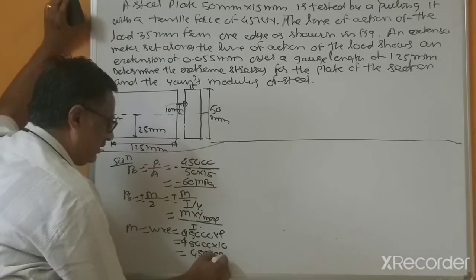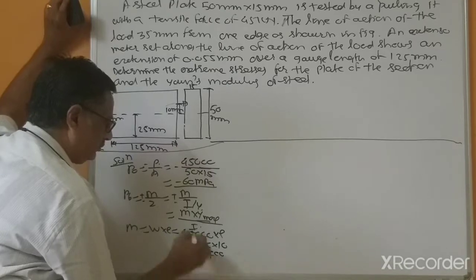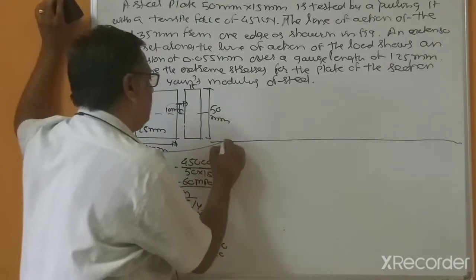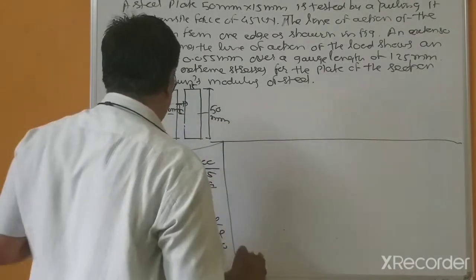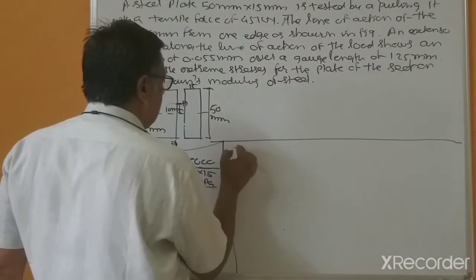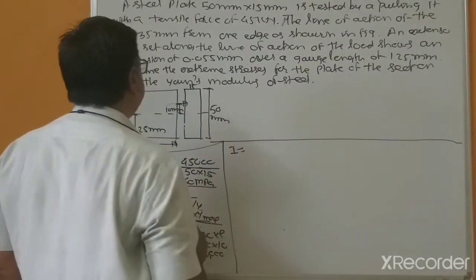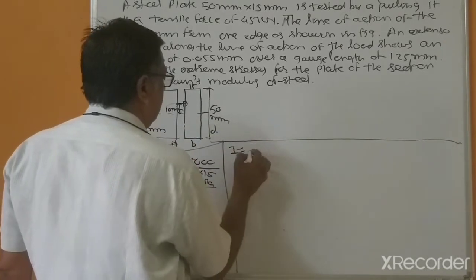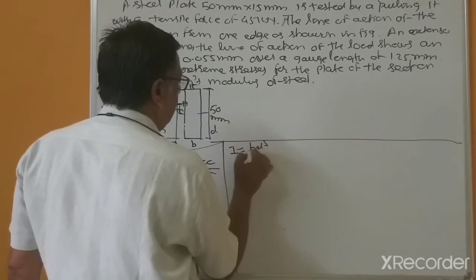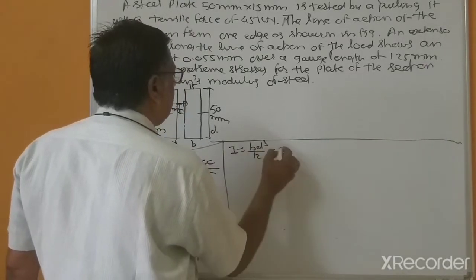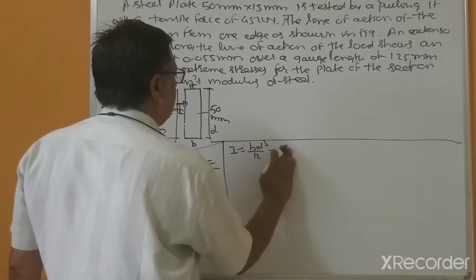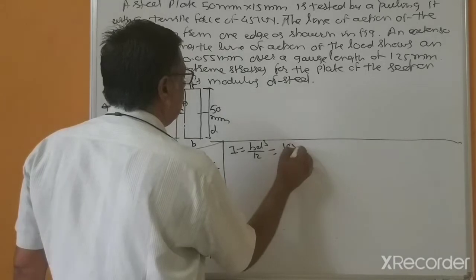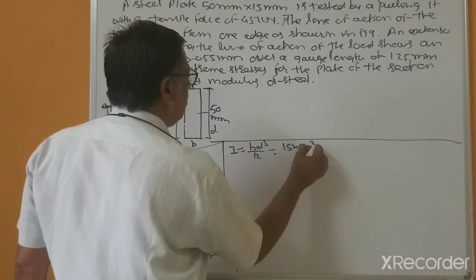So this is 4,50,000. Now I equal to BD cube divided by 12, where this is B and this is D. B equal to 15, D equal to 50.